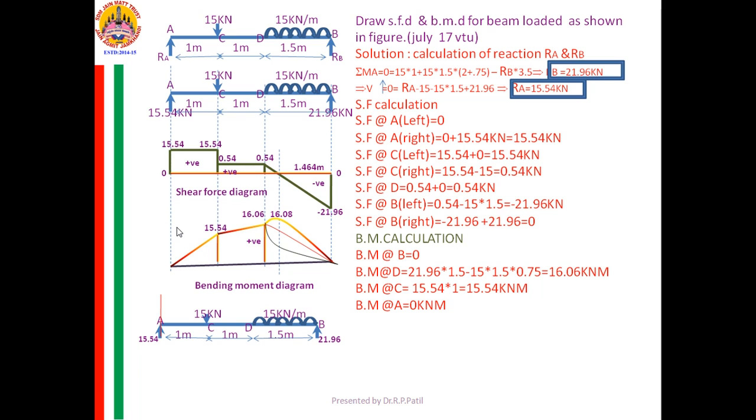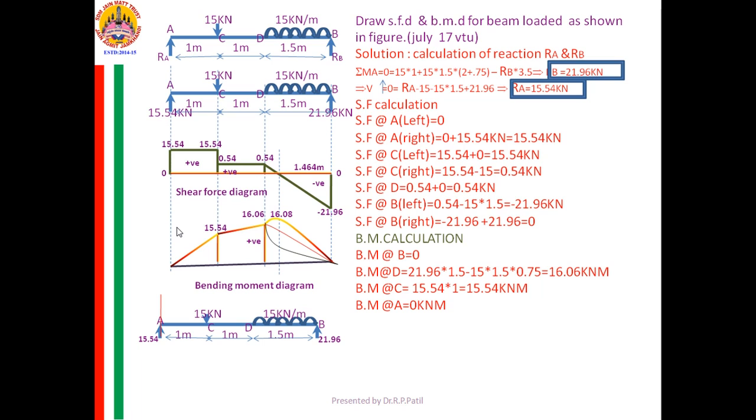Now coming to D and B. What is the nature of BM between D and B? For that you go for the nature of SF between D and B. What is the nature of SF between D and B? It is inclined.